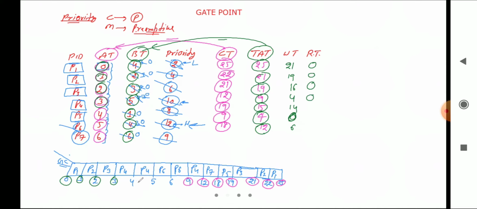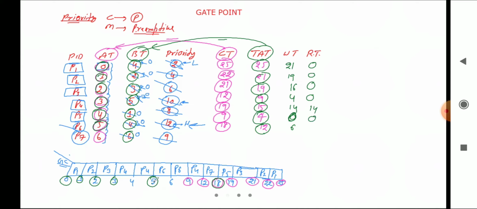For P5, first response at this place 18, 18 minus its arrival time, 18 minus 4 is 14. Next P6, P6 getting the first response at this place, minus its arrival time, so 5 minus 5 is 0.